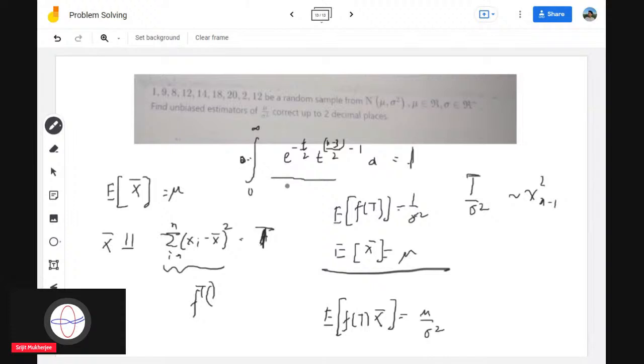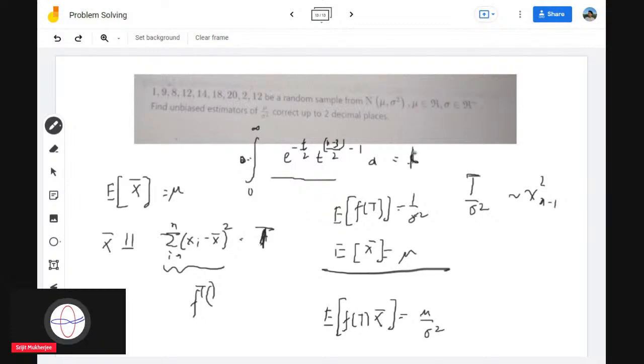For chi-square n, it should be gamma n by 2. We have n minus 1 by 2. Okay, I understand. So that constant will be added.